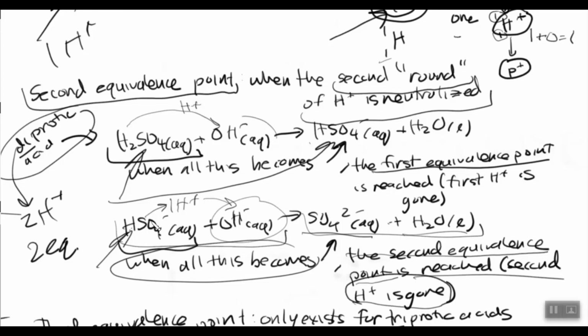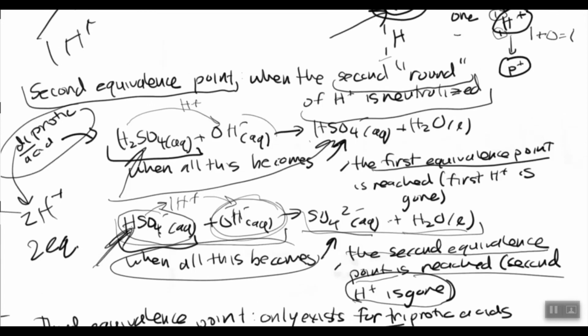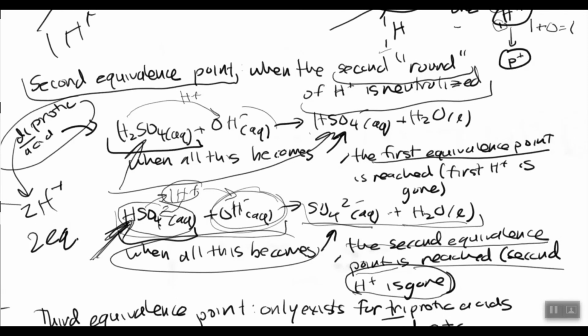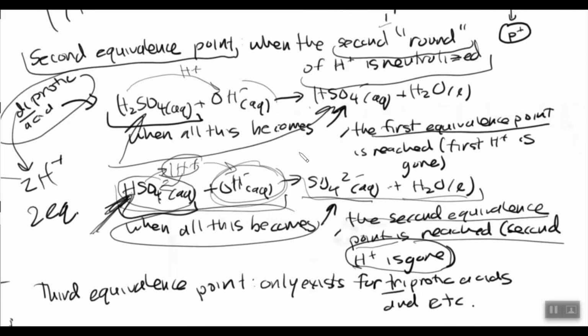So to completely get rid of 1 mole of H pluses, which is a part of the HSO4 minus, you need exactly 1 mole of OH minus to do that. Any less than that will not completely neutralize the 1 mole of H plus that's present in this compound, which means that you will not have reached the second equivalence point unless you added that 1 mole of OH minus to completely neutralize that 1 mole of HSO4 minus.